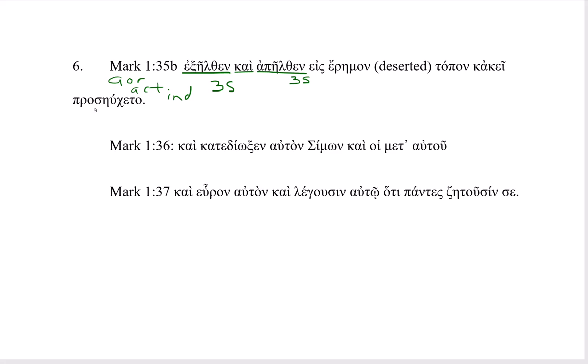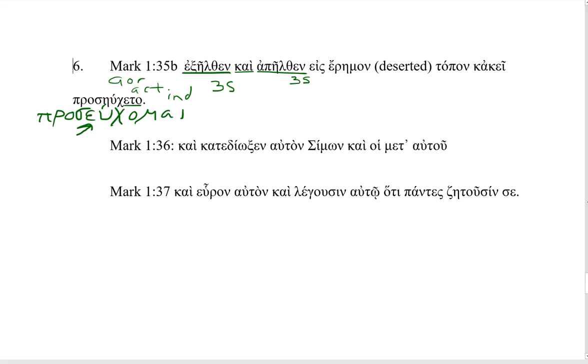Proseuxato. This is the verb proseuchomai, to pray. So proseuchomai, interestingly, there is an augment. You see the epsilon turns into an eta, but you don't see much of a stem change here, and yet this is a second aorist ending.